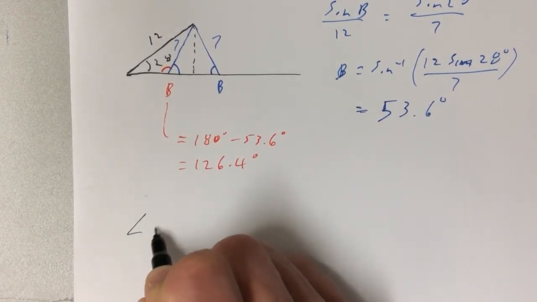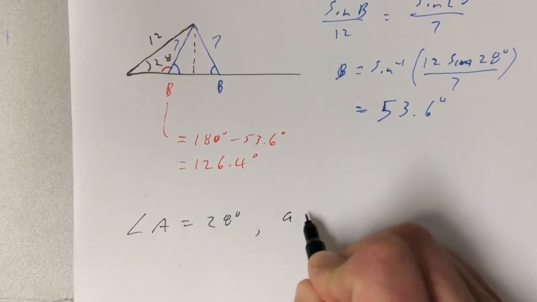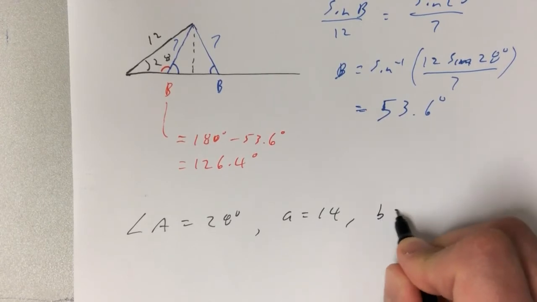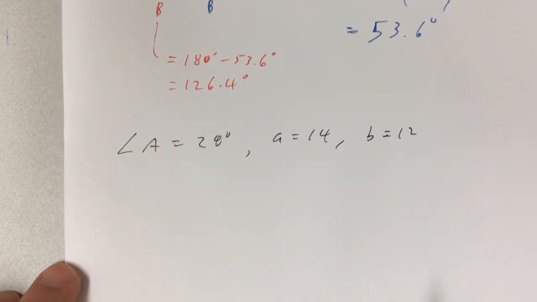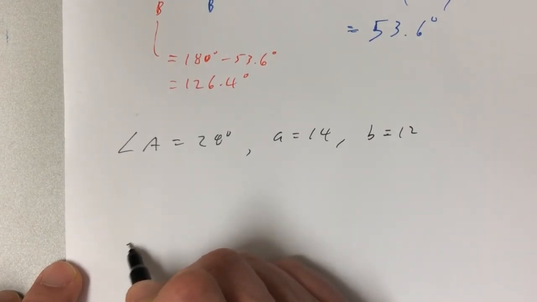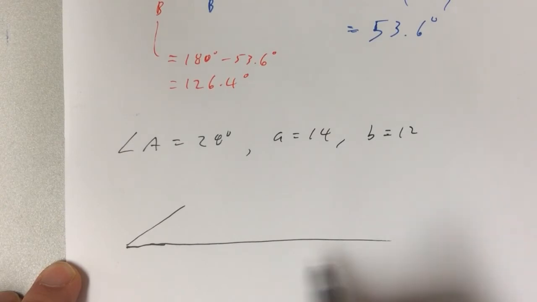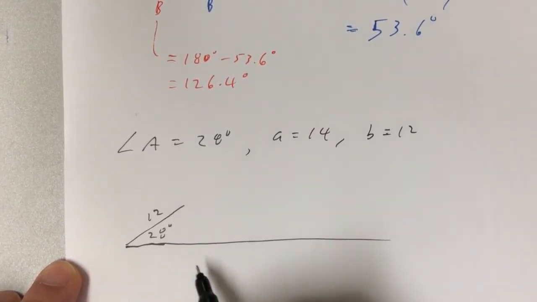A fourth case, though, would be this. What if angle A equals 28 degrees, side A equals 14, and B equals 12? Now when you draw this picture, you're going to have the same angle. So draw that side out there again. 28 degrees, 12.